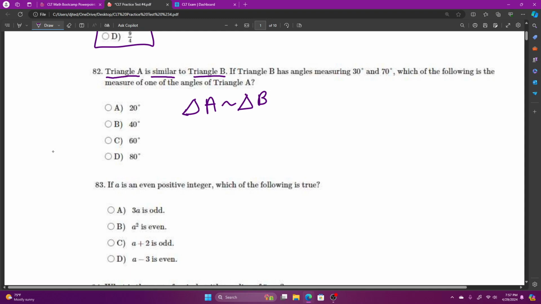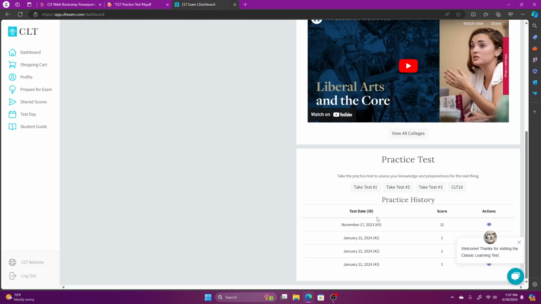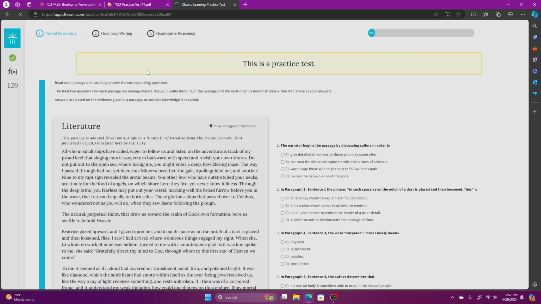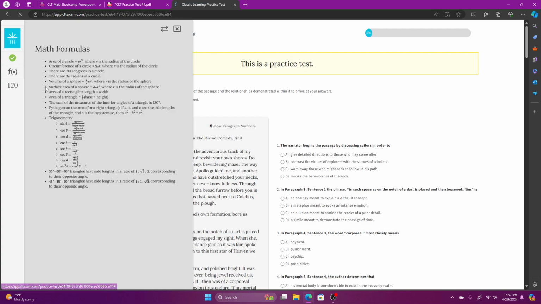So if you look on your CLT exam and notice on the reference sheet, it tells you that the sum of the measures of the interior angles of a triangle is 180 degrees.